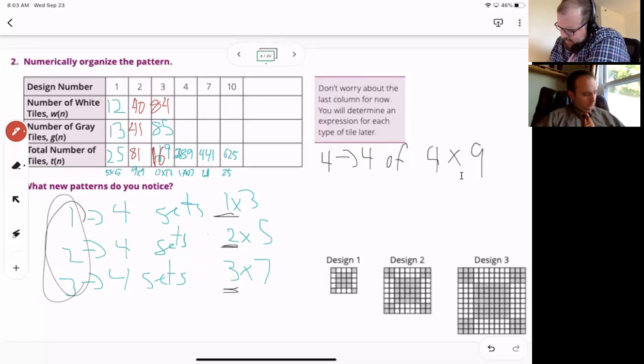And that's for white tiles? Yes. Okay. And then for the fifth one, we'd have 4 sets of 5 by 11, because we're increasing by 1 and then increasing by 2. Yes. So that would be 220.